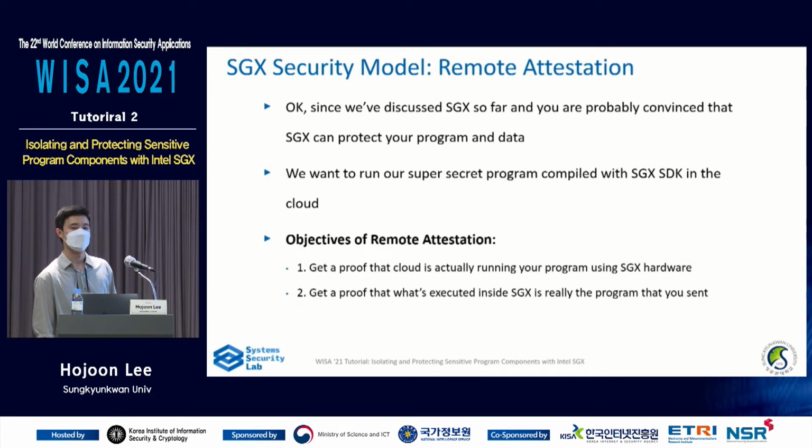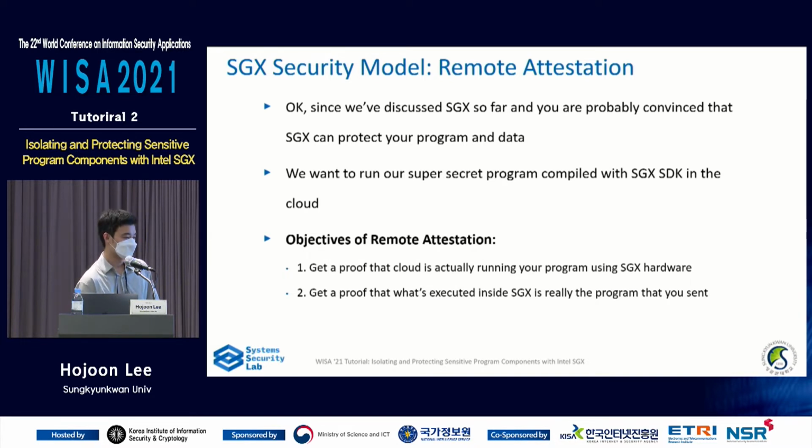All right, so I don't know if you're convinced, but assuming you're convinced that SGX is a very good idea, and you can use SGX to protect your program and data. What we want to do is run a super secret program compiled with the SGX SDK. You wrote your program and made it super secure with the SGX SDK, but you want to run it in the cloud.